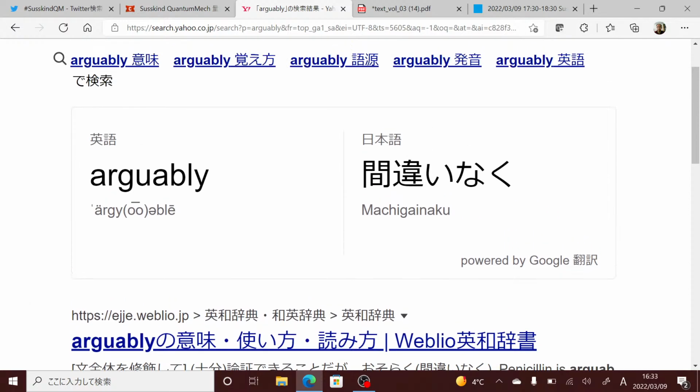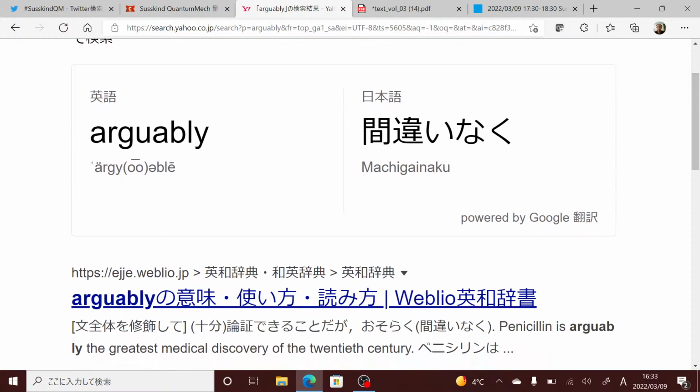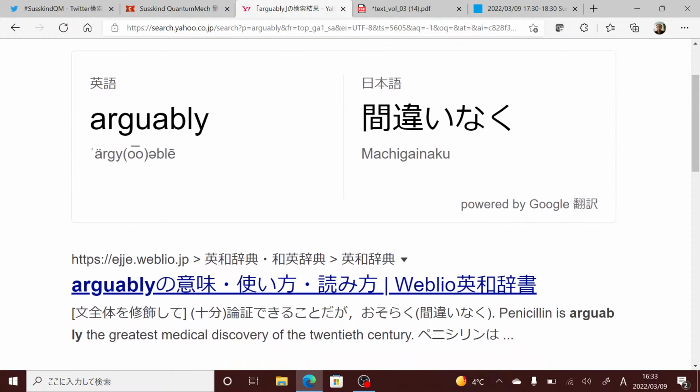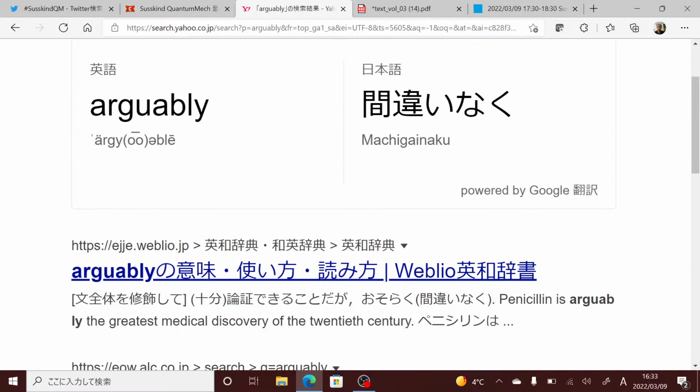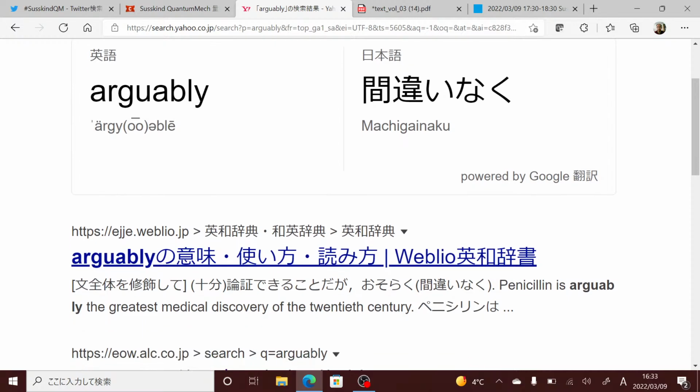It sounds like it should be unarguably, definitely. Arguably doesn't mean not definitely, but it sounds like some argument remains. Anyway.